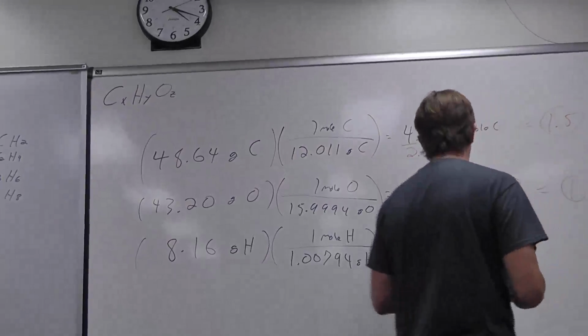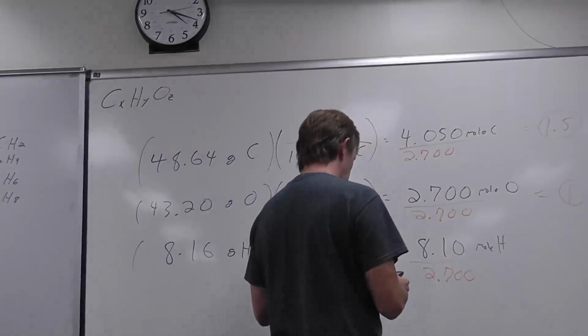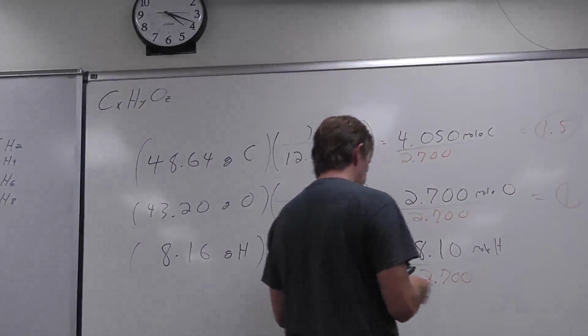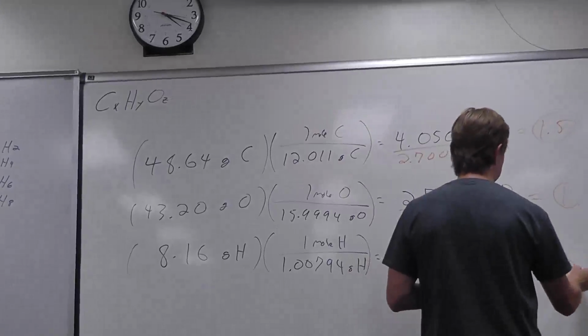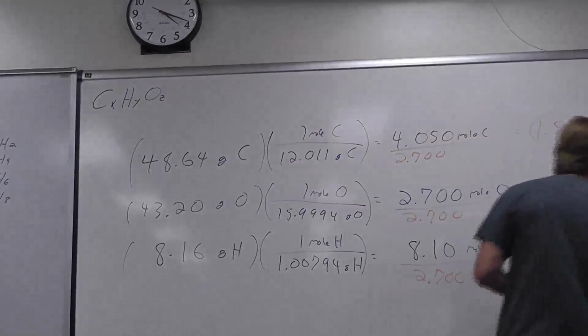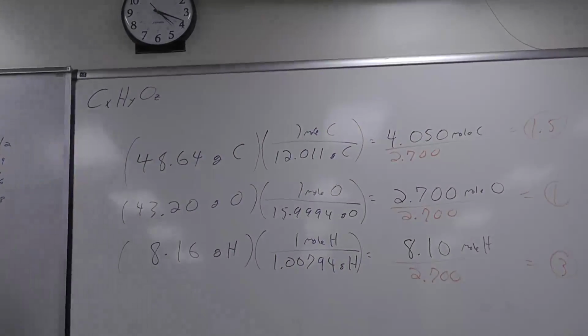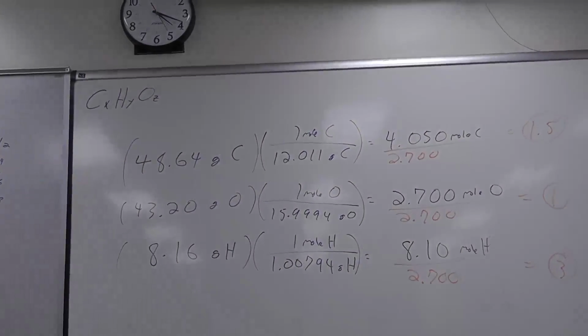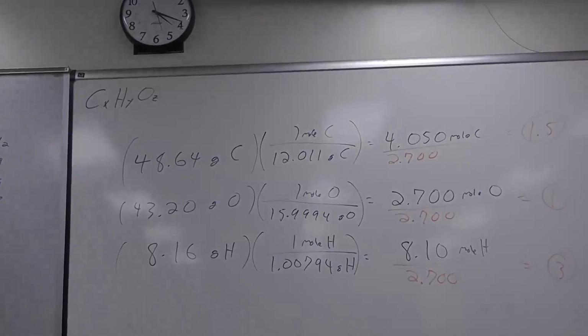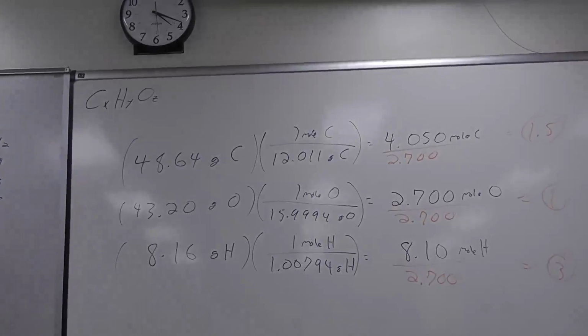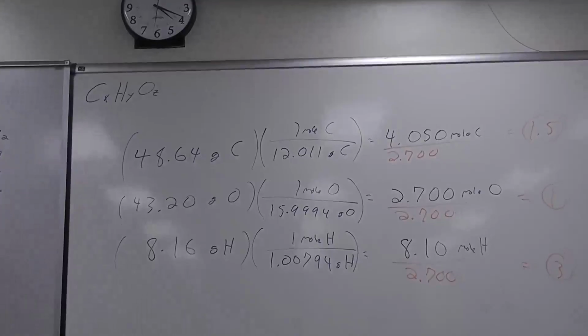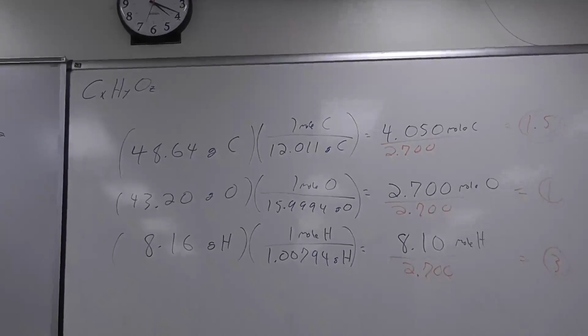But they don't. I'm getting 1.5, 1, and 3. 1.5 is obviously not a whole number, and it's nowhere close enough to be roundable to a whole number. But that is the proper ratio.